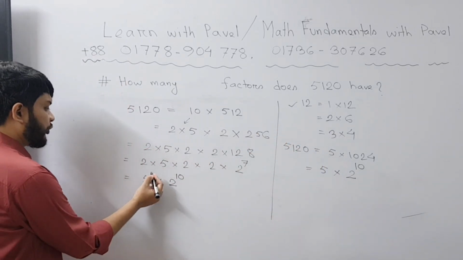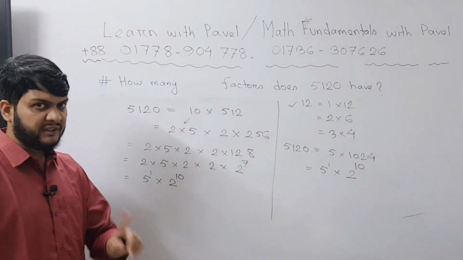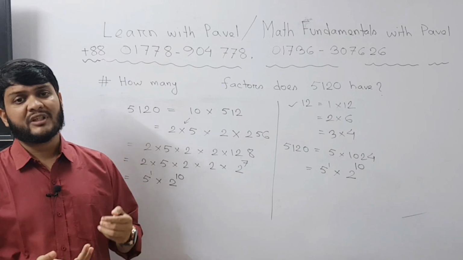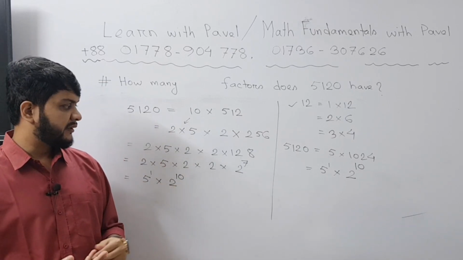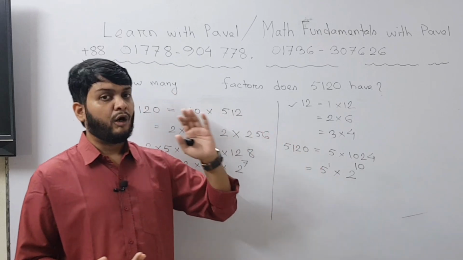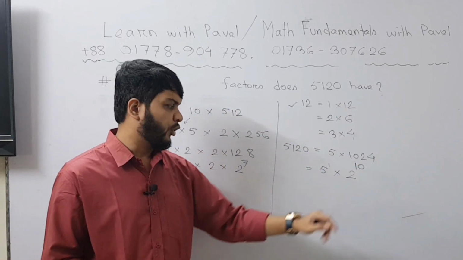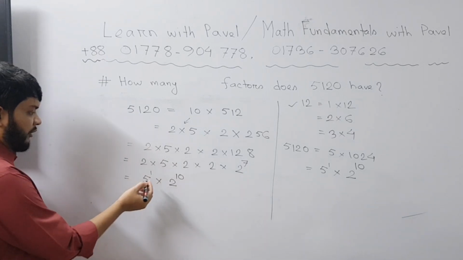Now we have to do one more thing, the final step. Okay, so the first step you have to remember, you have to break down the number as the product of some prime numbers, and you have to be very careful that all the numbers you have written should be prime numbers. You see, you cannot break down anymore. Okay, so this is the first step. The second step is that you have the powers.